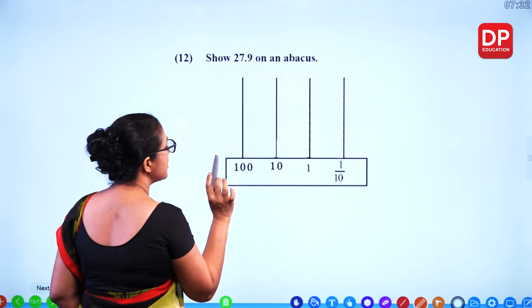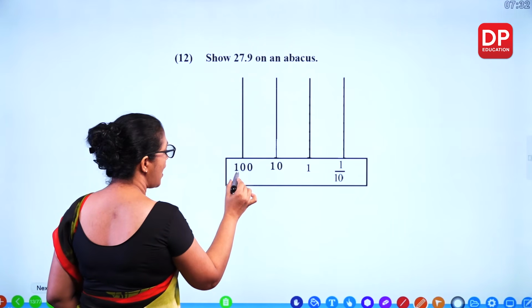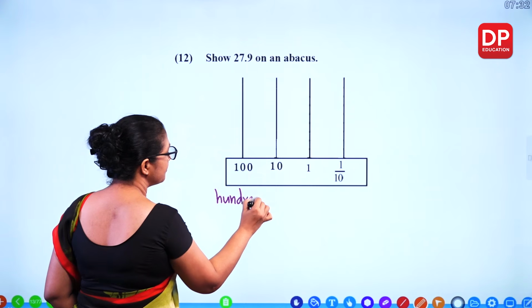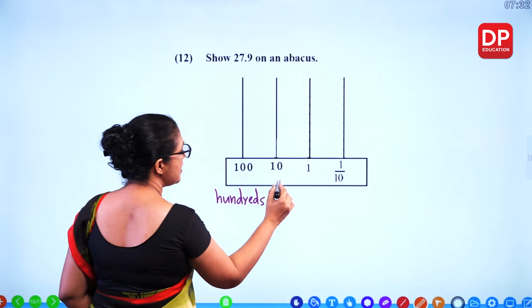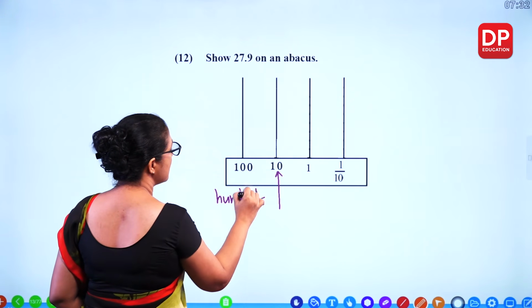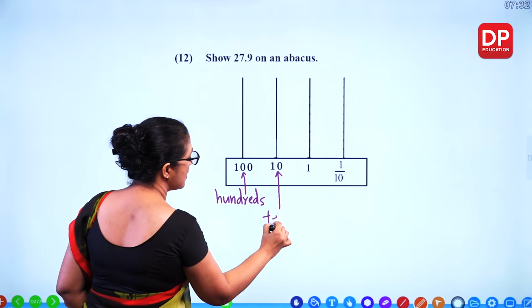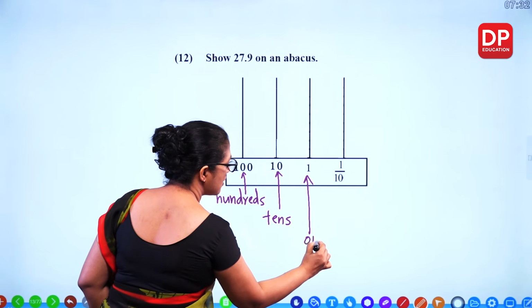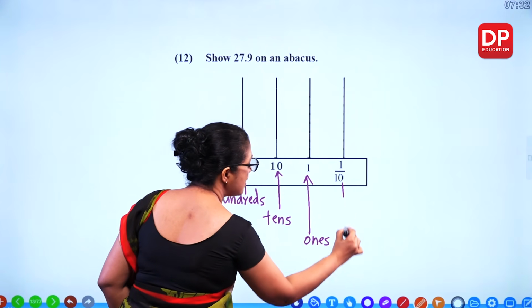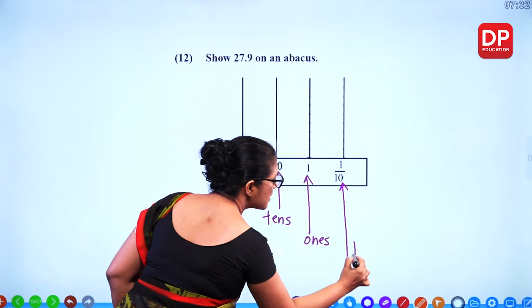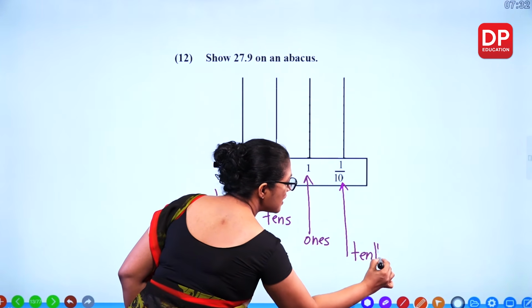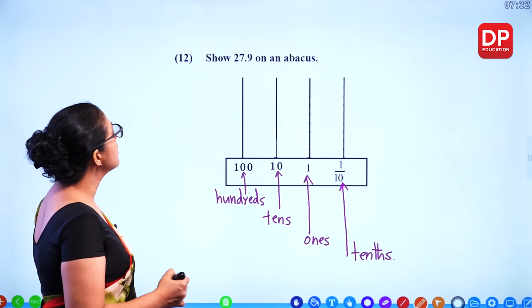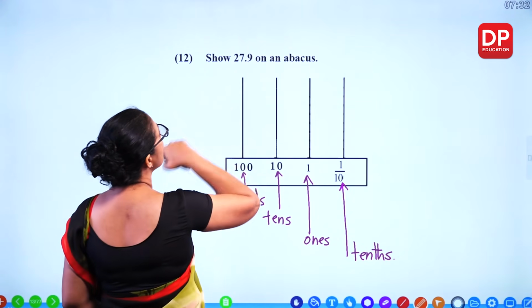So if I write in words, this is hundreds, this is tens, this is ones, and this is tenths place.